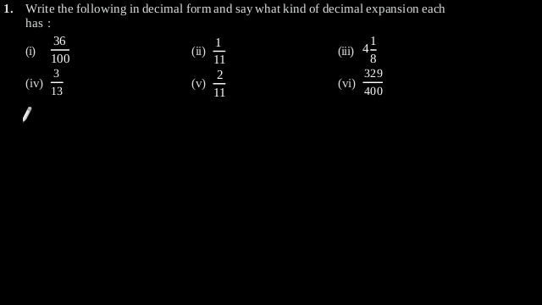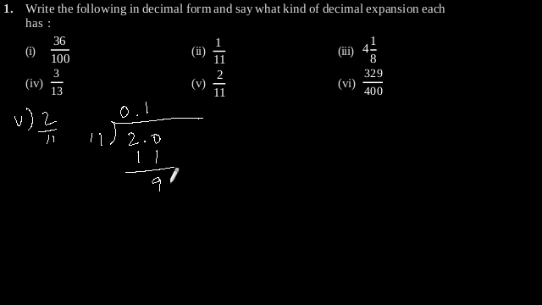Next part, 2 by 11. So let's solve for 2 by 11. Since 2 is less than 11, put 0 here. 11 into 1, 11, gives remainder 9. We'll put 0. 11 into 8, 88, gives remainder 2.